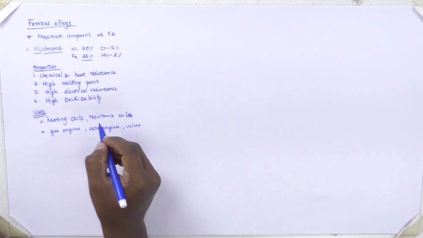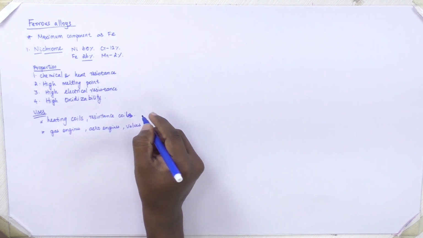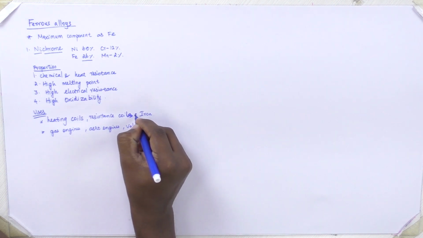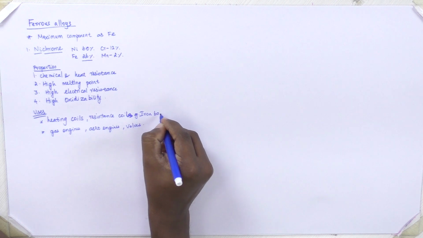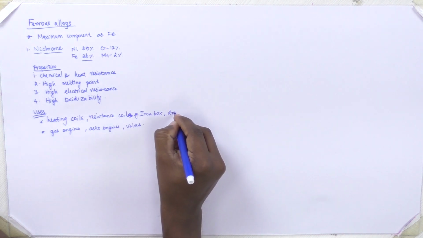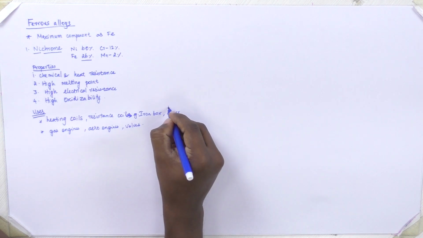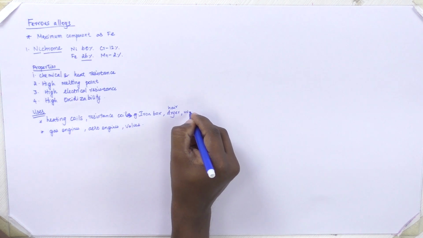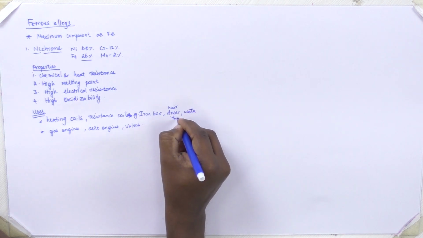When I say heating coils, it means the material used in, for example, an iron box which we use for pressing, and then a hair dryer, and it could also be used in water heaters.